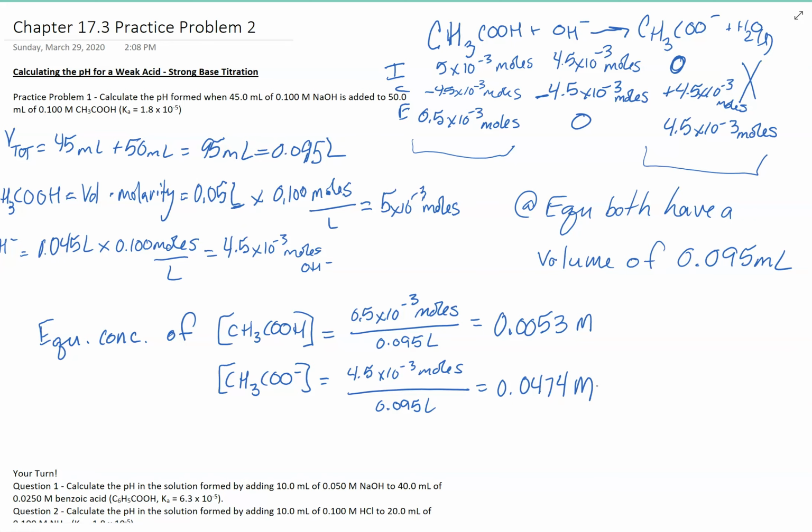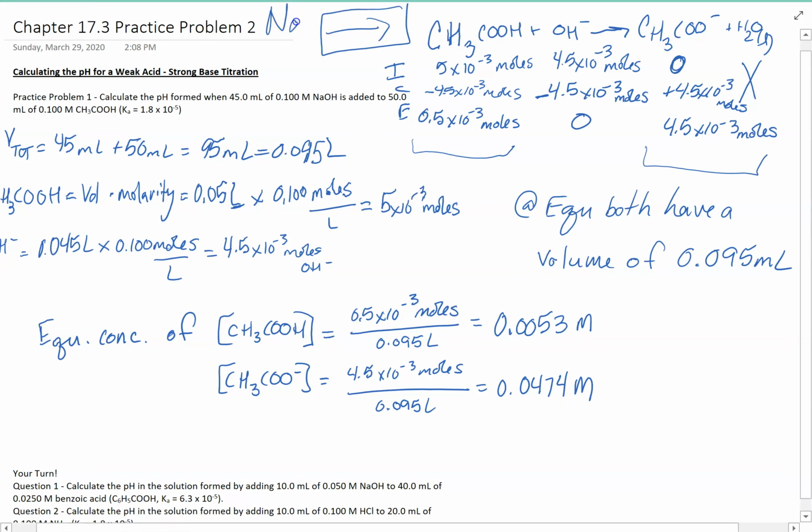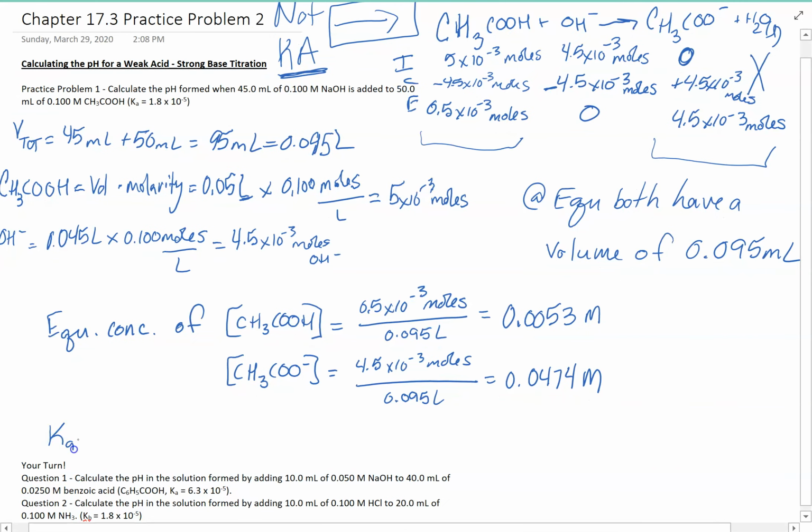Now, this up here, our original equation, this is not the Ka expression. This would be something completely different. Remember that the Ka is going to be what happens when this thing is added to, or considered added to, water.